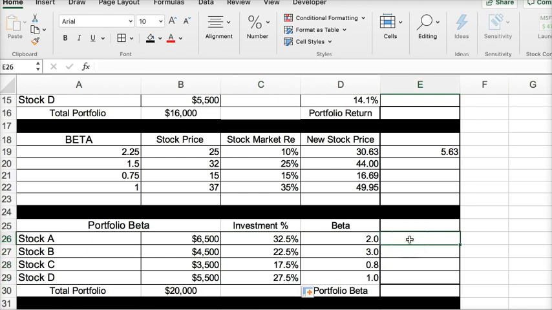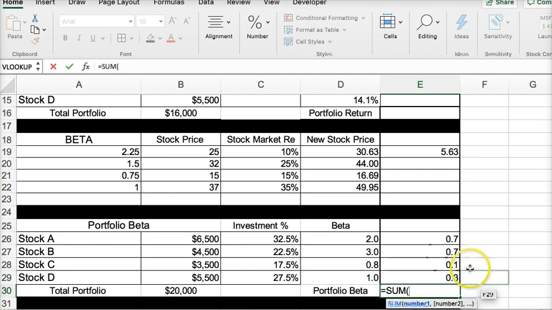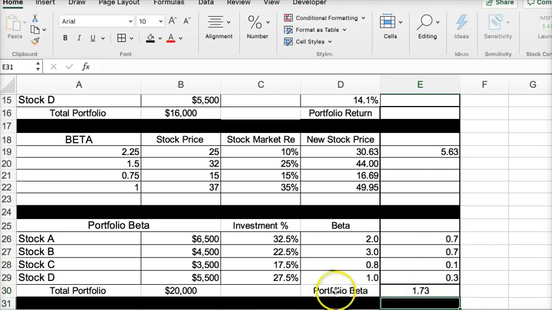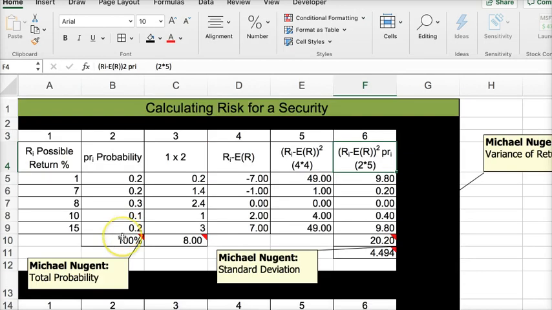And again, just like we did with the portfolio, I'm going to take the investment percentage times the beta to create a weighted beta. And then if I add them together, I will get a portfolio beta. And this would be the portfolio beta. So you can see that we have different betas in the portfolio, but this would be the overall beta of the portfolio.